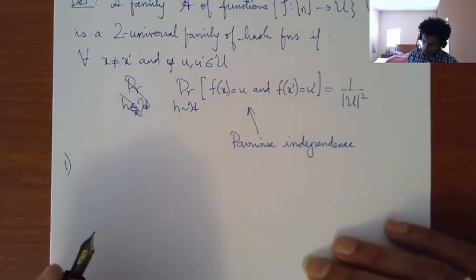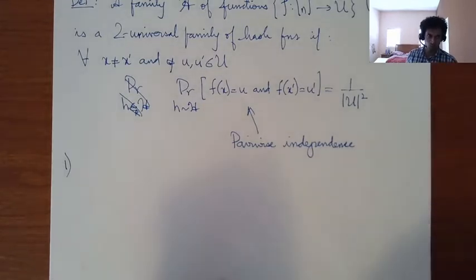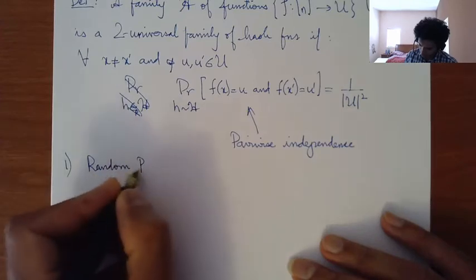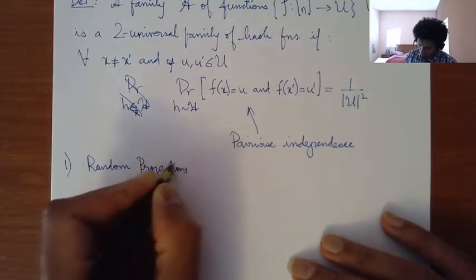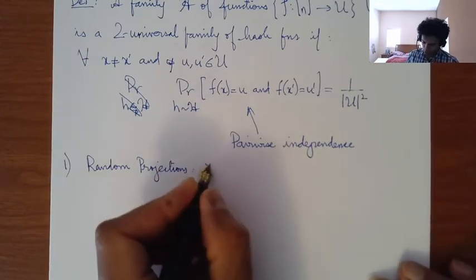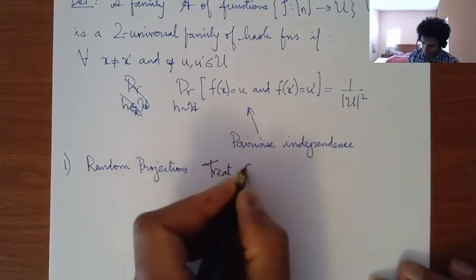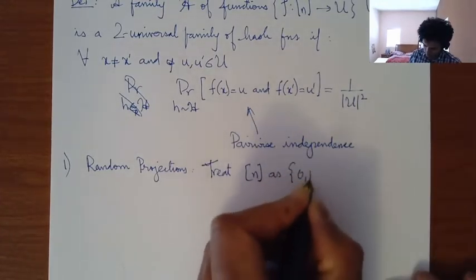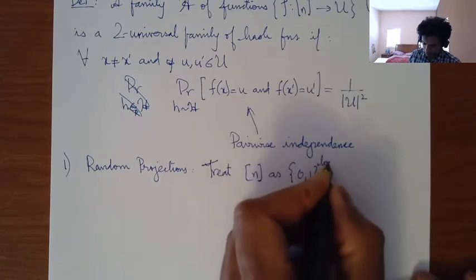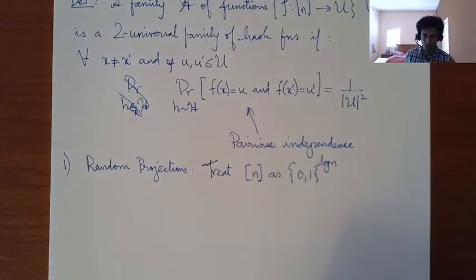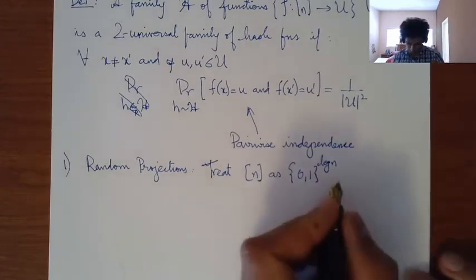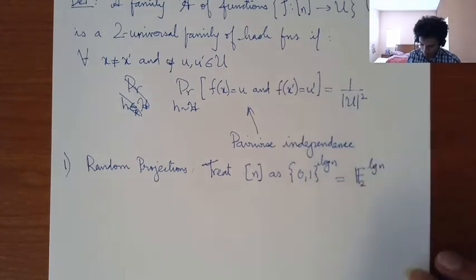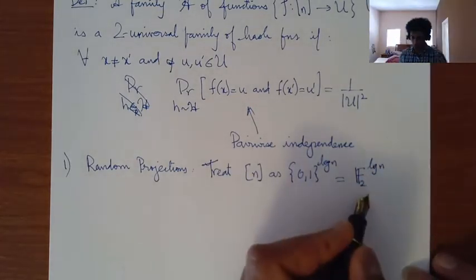The first one is not the most efficient one, but I think it's instructive to see. The idea is to use random projections. So let us treat our domain as really bit strings. Let's assume that n is a power of 2 for simplicity, and I'll treat each element as an element of F2 to the log n. This is the finite field with 2 elements.